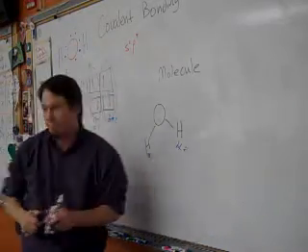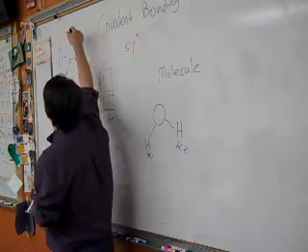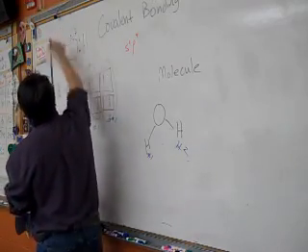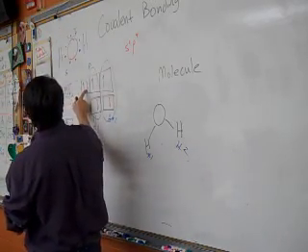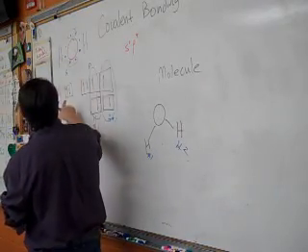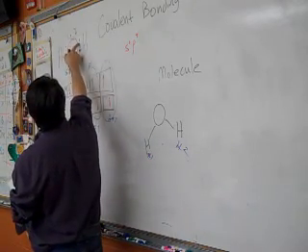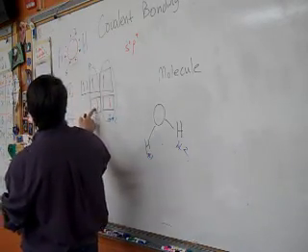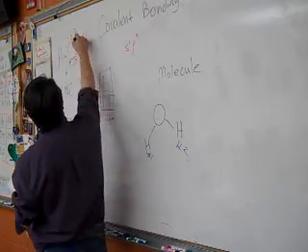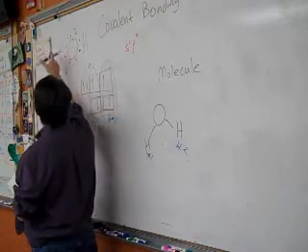Once again, this is this full orbital from oxygen, which isn't participating, and then this is the other full orbital from oxygen, which isn't participating. This is the half-full orbital from oxygen sharing with the half-full orbital from hydrogen, and this is the other one. And so what this Lewis dot diagram of a compound is now showing is the sharing that's going on.